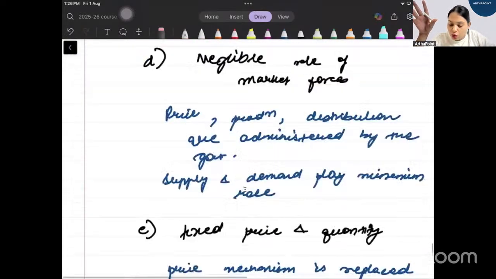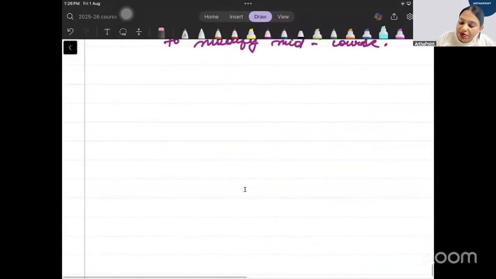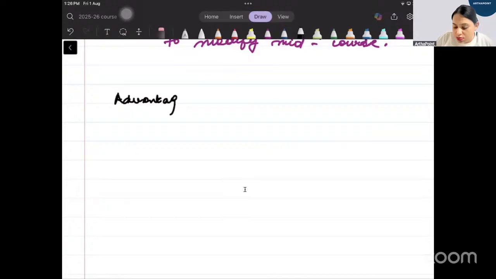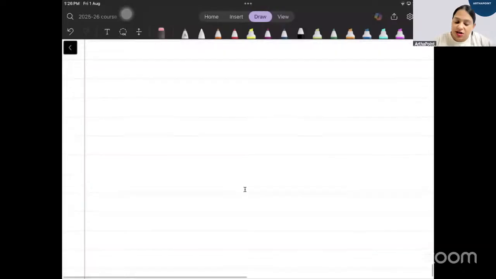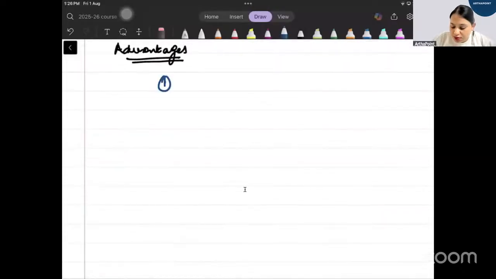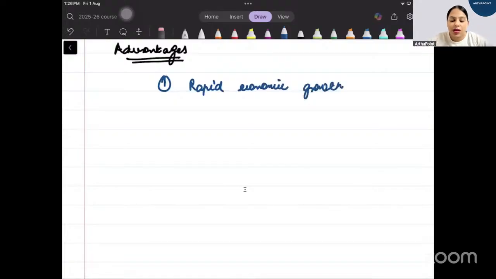Right now, we want to understand what are going to be the advantages of directive planning. So the first advantage that we have is rapid economic growth. Now, since everything is under the government, right? The government is setting the target. The government has to achieve that target. Everything is under the government.